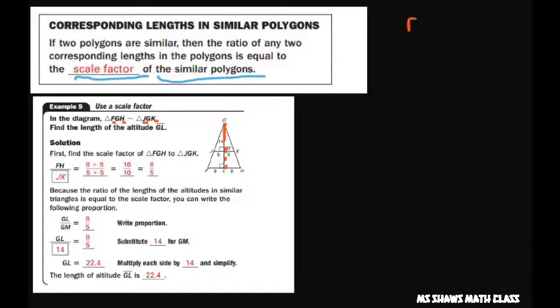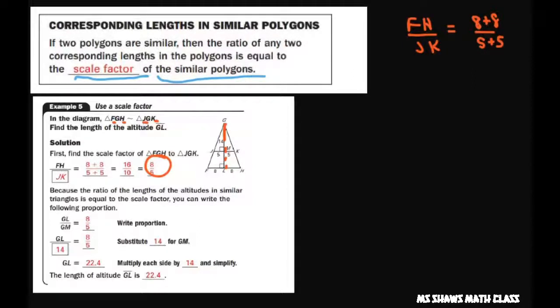So FH goes with JK. And they just merely added up the numbers, so that's 8 plus 8 divided by 5 plus 5. And when you do all that, you get 8 over 5. So that's the scale factor.